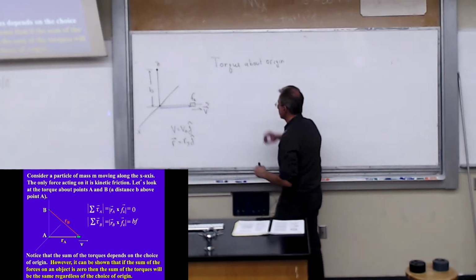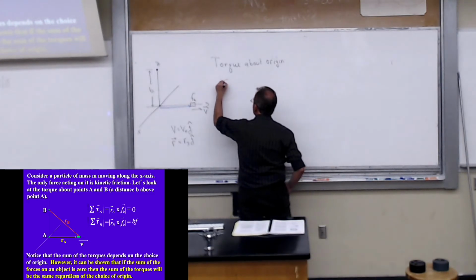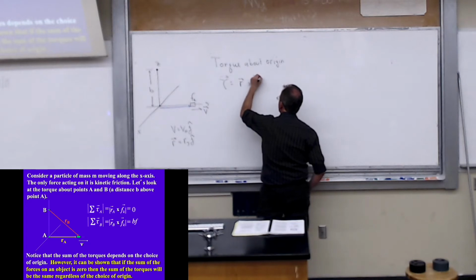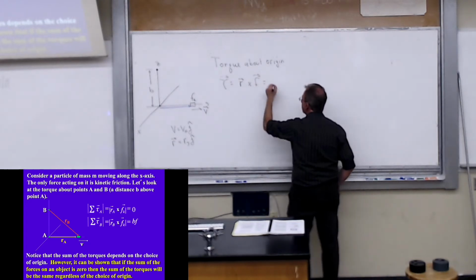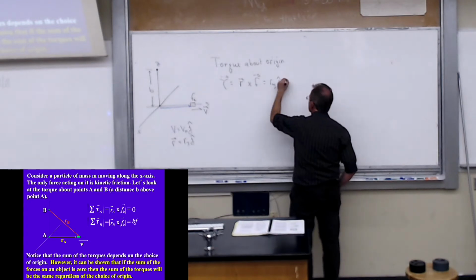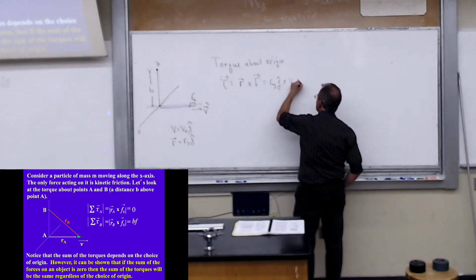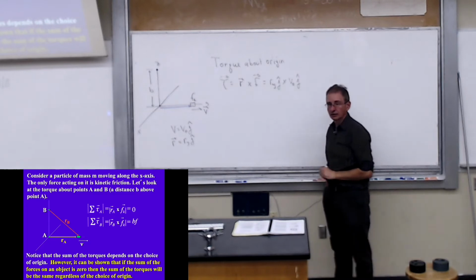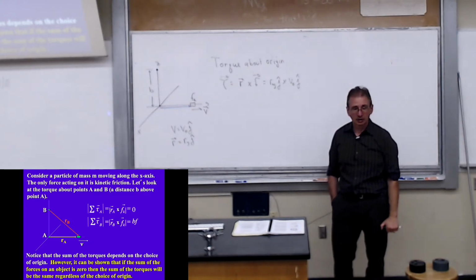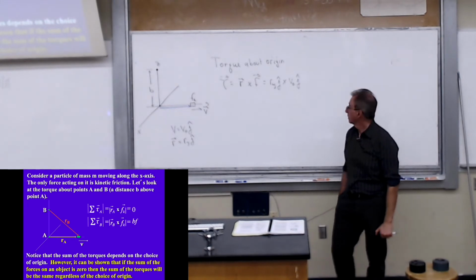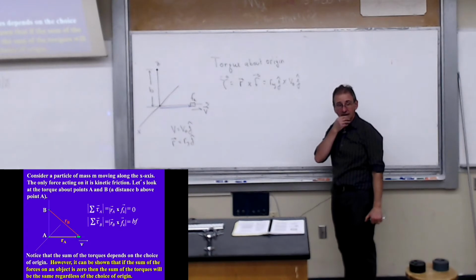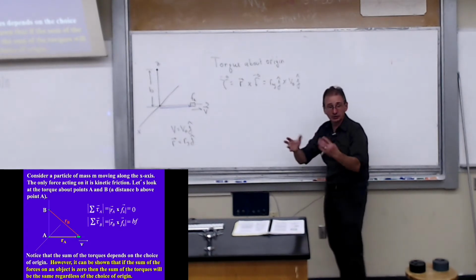If I calculate the torque, I'm going to have r sub y times j cross v naught j. What does that cross product give me? Well, be careful. It's j cross j. What's j cross j? So let's do it this way.